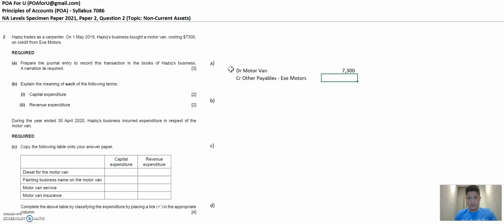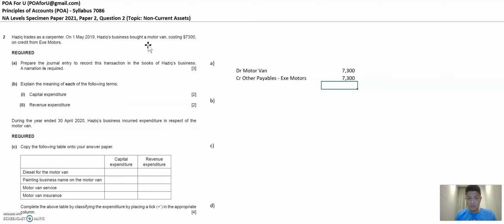Now, 7,300. Like I said, motor van is a fixed asset and that's debit in nature. That's why we are debiting it, as we got additional fixed assets as a result of this purchase. We credit other payables because other payables is a liability, and when you buy on credit, you create a payable. And this is a motor van that is used to facilitate his business. This is not something that he's bought to sell.